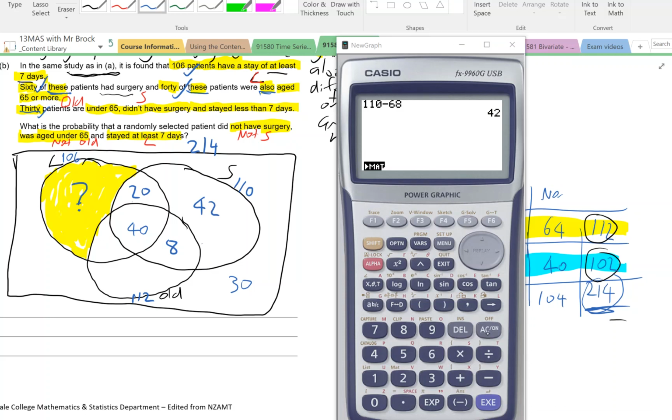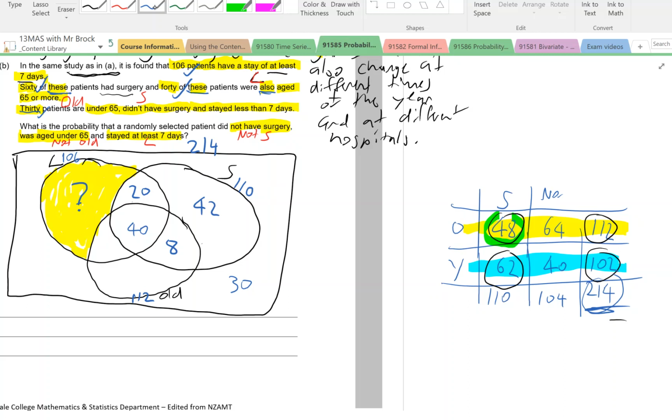Okay, what else do we know? So let's think outside the circle a little bit here. Excuse the pun. What's this 40 going to help us with? Let's think about this 40. Who are these 40? These are the people who didn't have surgery and are not old. So didn't have surgery and aren't aged over 65.